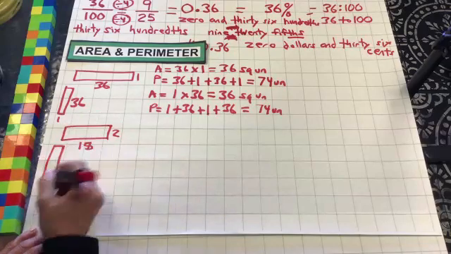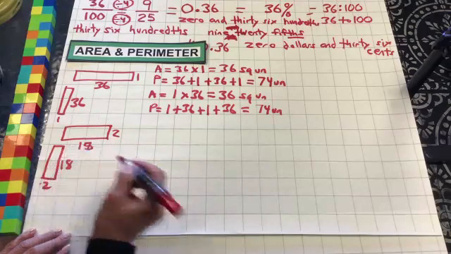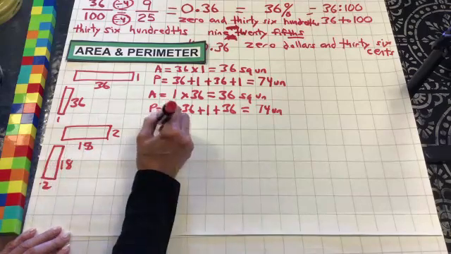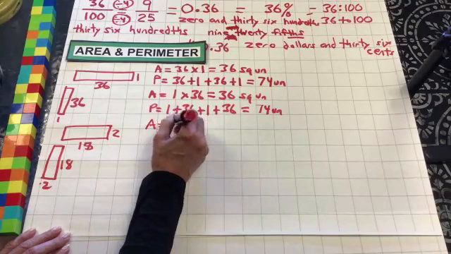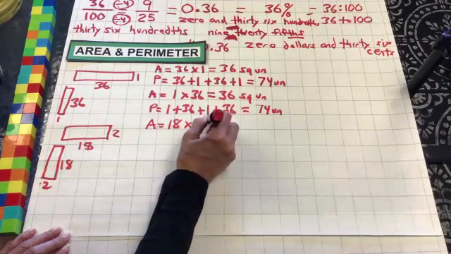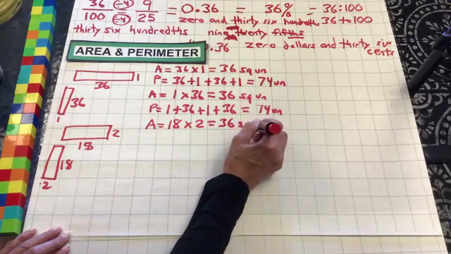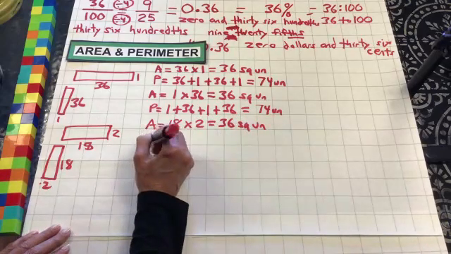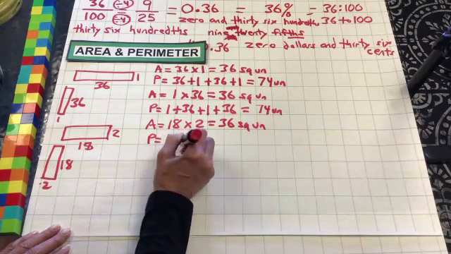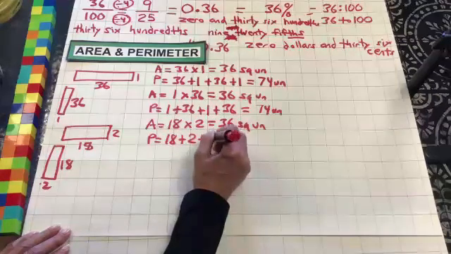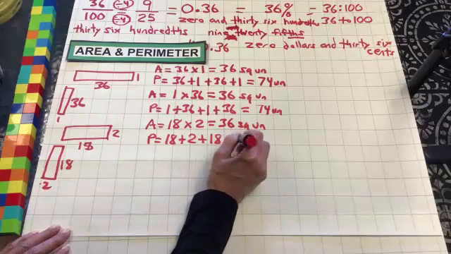I'm just going to draw it out here, 2 by 18. I'm just drawing rectangles. So again, our area, 18 times 2 equals 36 square units. And the perimeter would be 18 plus 2 plus 18 plus 2.